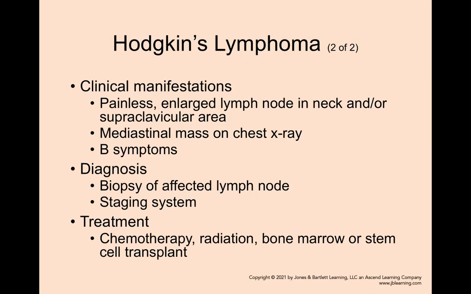So the diagnosis is basically you have to biopsy one of these lymph nodes, and that also allows for staging. The other way we can stage is by using a CAT scan, MRI, and biopsy to see if it has spread anywhere else.